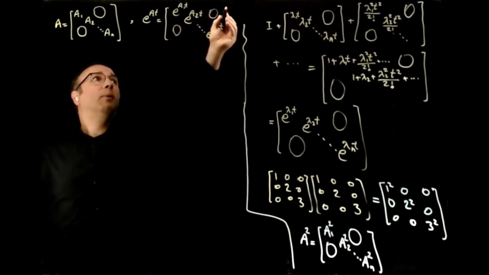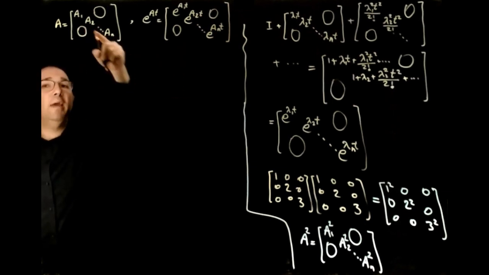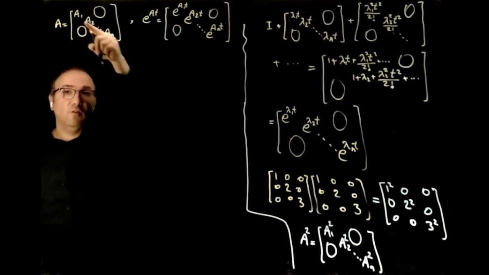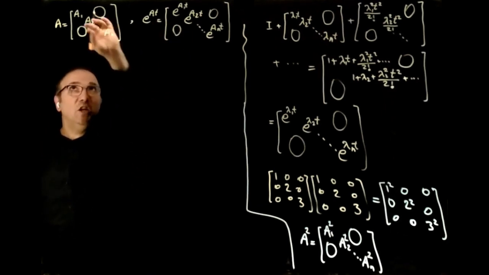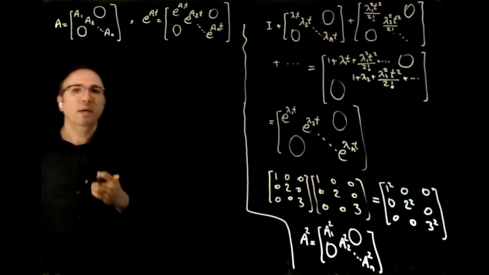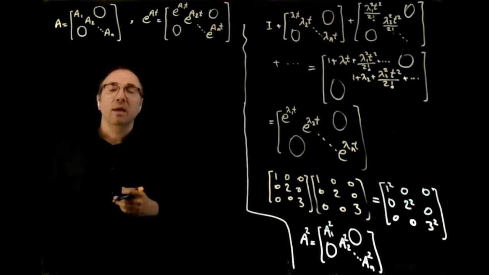So if a matrix is made of some other matrices on the diagonal, and we know e to the power of each one of them, it would help us.